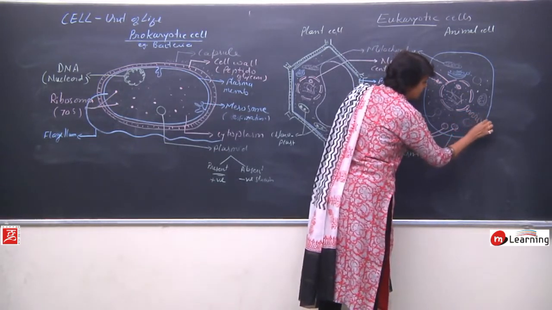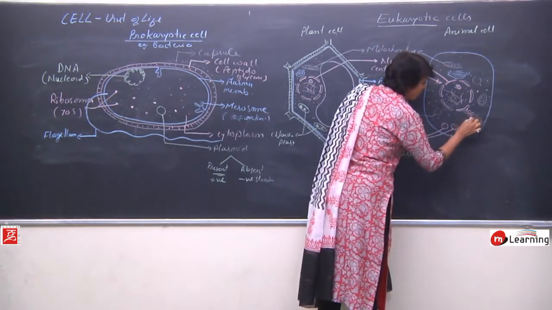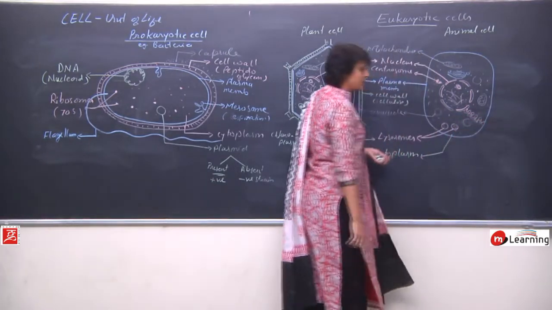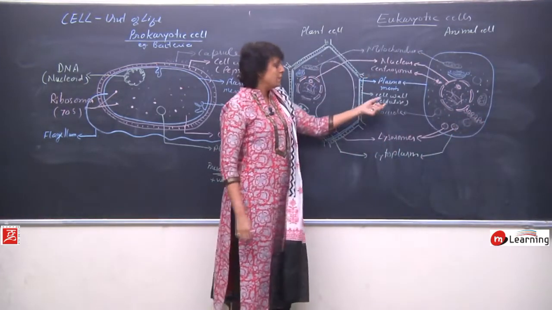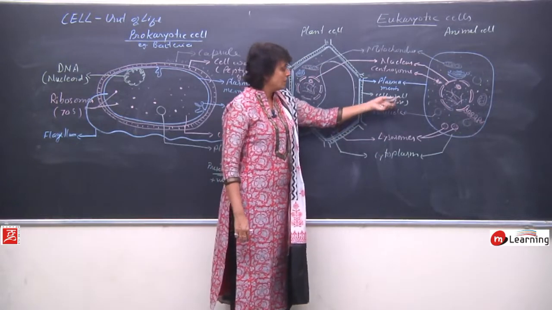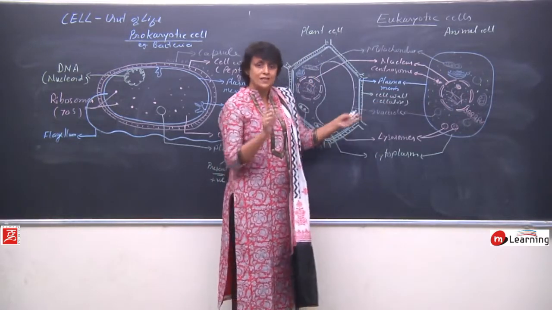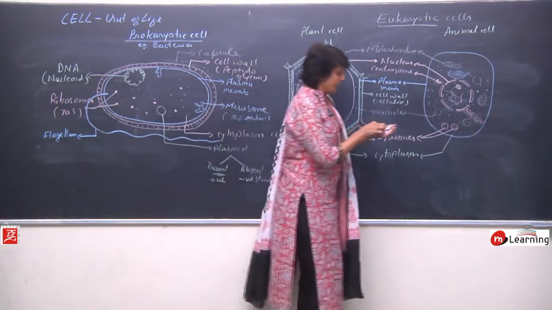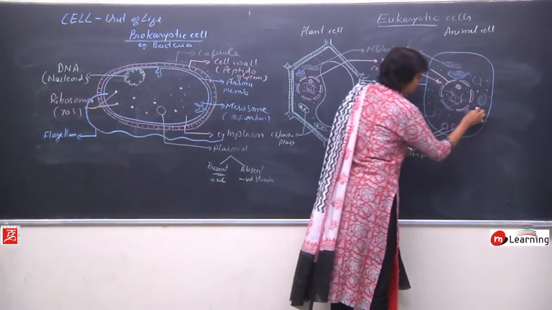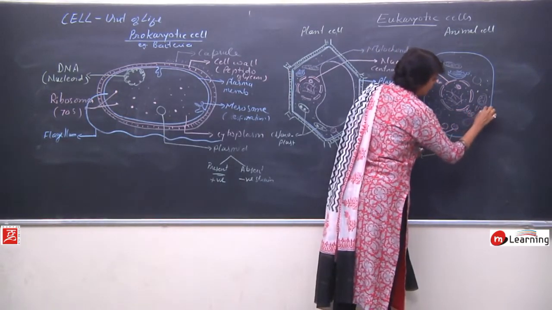Normally this is drawn in the form of a tube like thing, but it is not exactly a tube. When we come to the structure of the endoplasmic reticulum, we will see the exact structure. And one more which we can draw here.